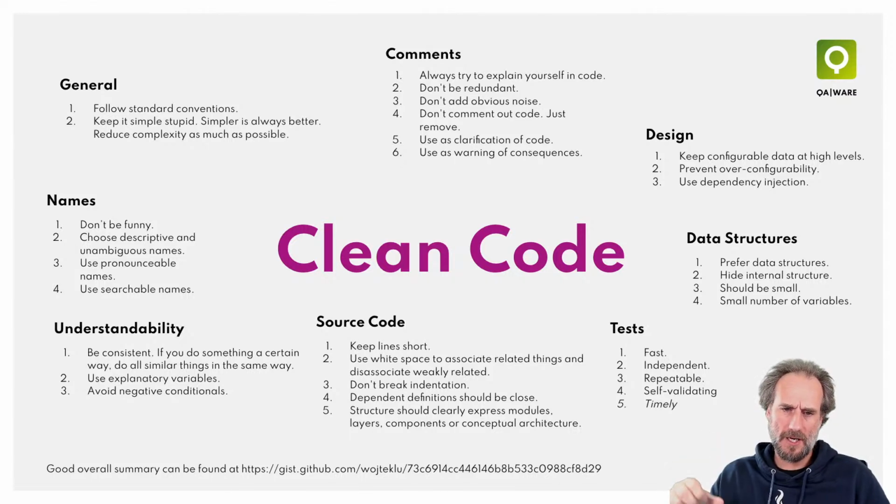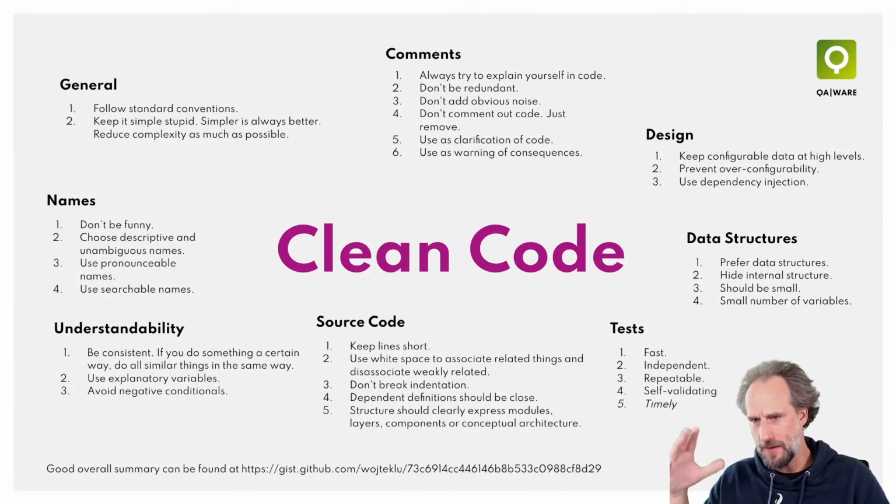General rules: don't break indentation. Keep the lines short. Watch the white spaces, so that everything is indented and formatted properly. When you design things, prevent over-configurability. I told you about this RDS module. I mean, 75 configuration parameters. Who on earth needs those, right?